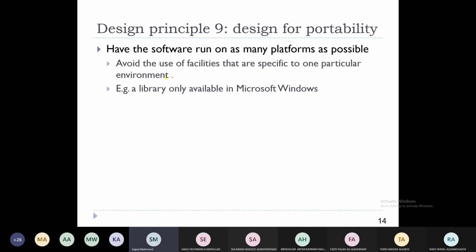For example, you might have a library with an API which only works on Windows, and if this is the only option you have, you have no other choice. But as a design, the whole idea here is that you think about all the different possibilities. You have to explore the possibilities.